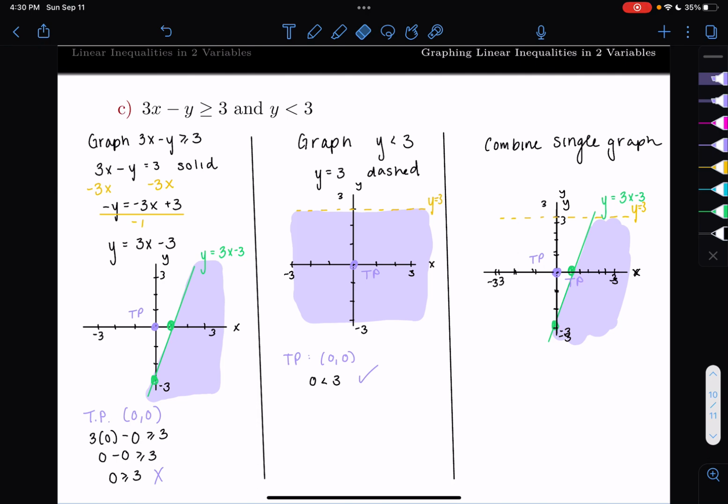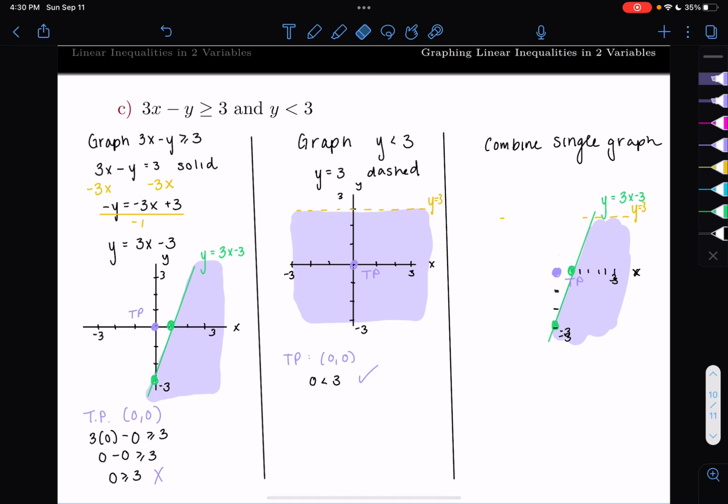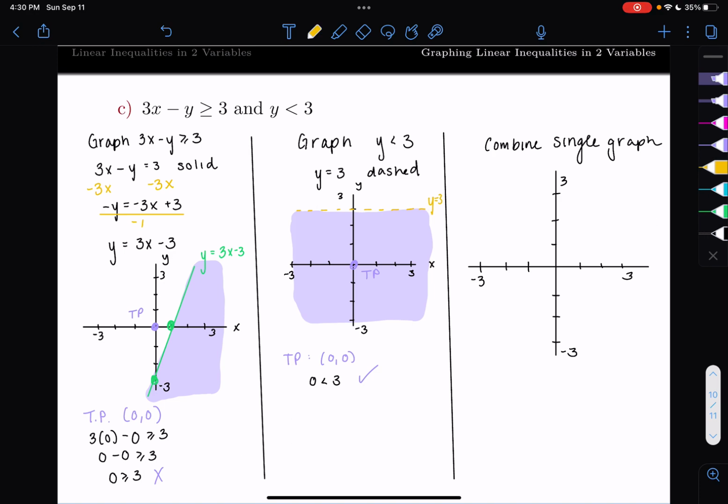So combining to a single graph, try to make this a little bit neater. So you can see it much better. We've got our dotted line up here of y equals 3.